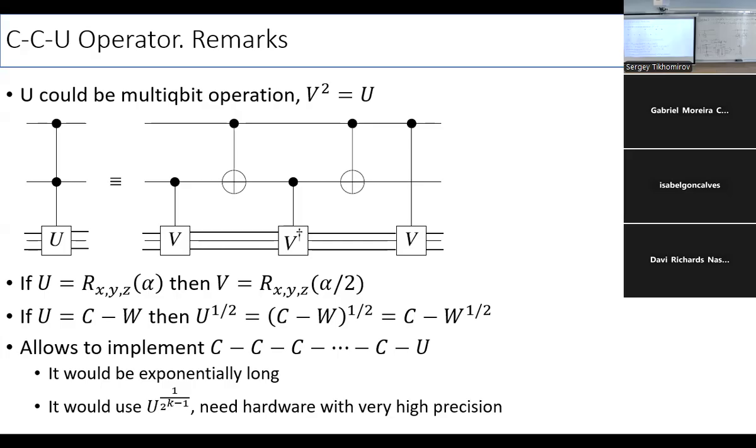I'm saying the following: assume that here there are K controls. I would put, instead of U, K minus 2 controls U. So this would be a multiple qubit operation. Yes?